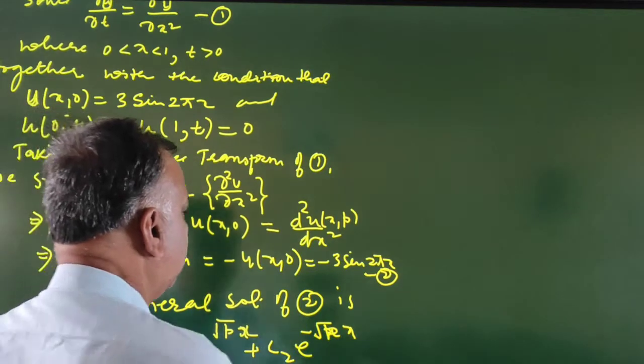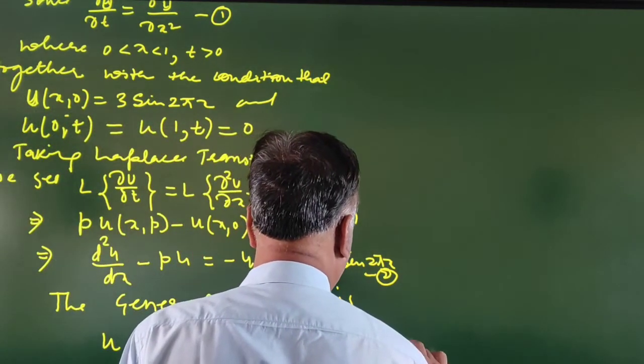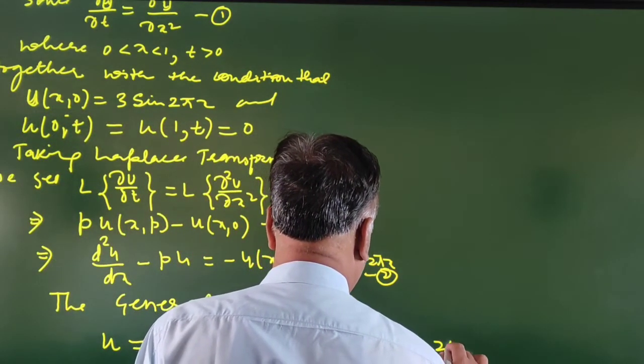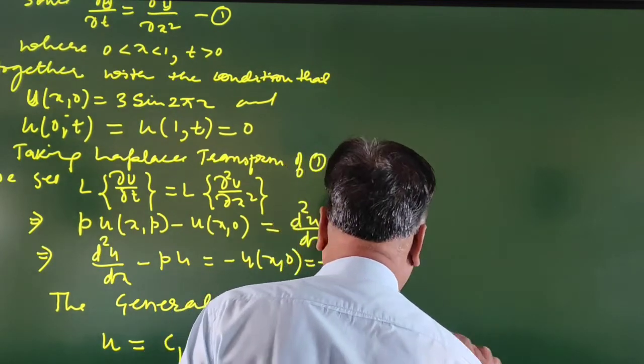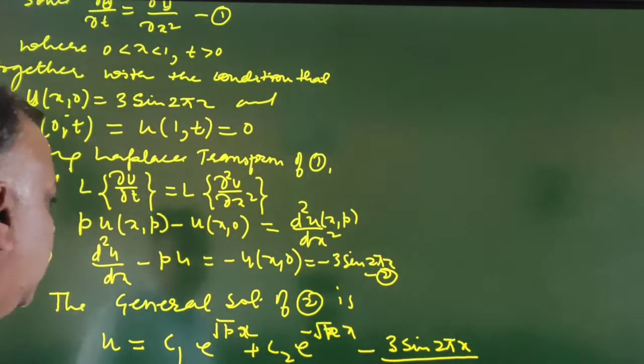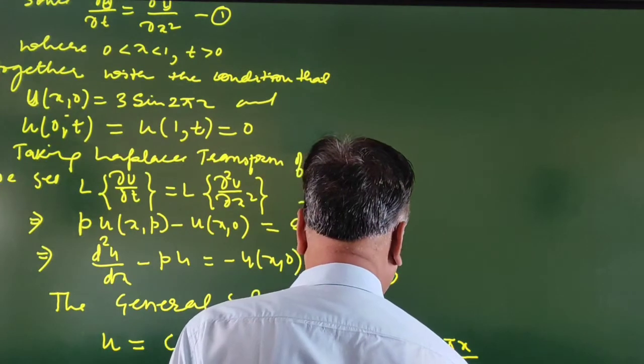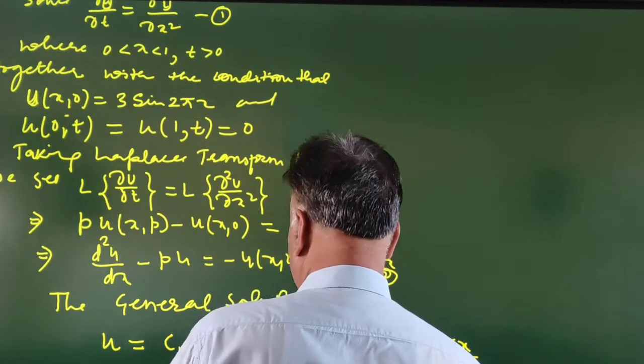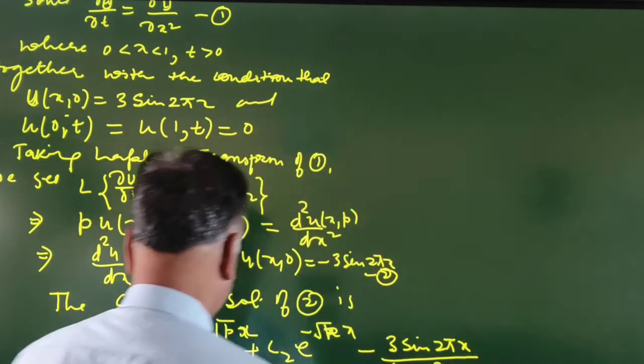The PI is equal to minus 3 sin 2πx upon D² minus p, that is (2π) whole squared, minus p.